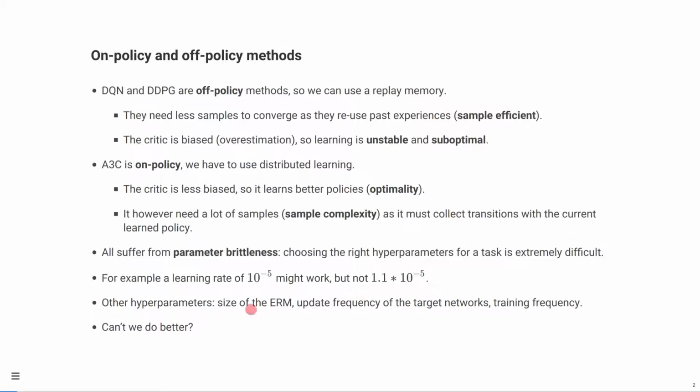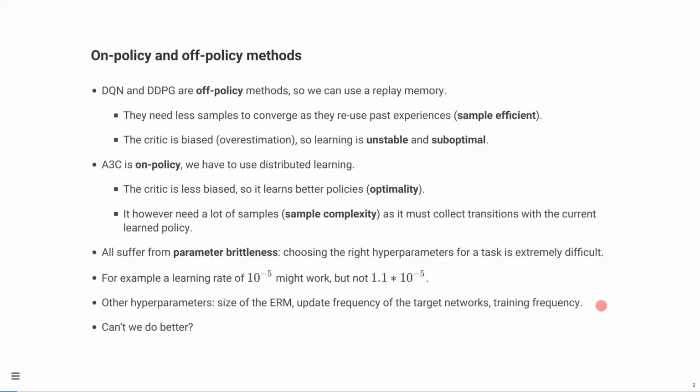It's really sensitive, and you have a lot of hyperparameters that influence the success of learning in all DRL methods. For example, how big should your replay buffer be? How often do you update your target networks? If you don't train the actor and the critic every step, what is the ratio that you use?